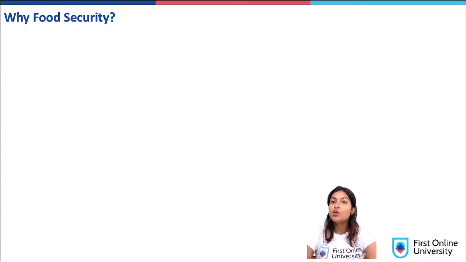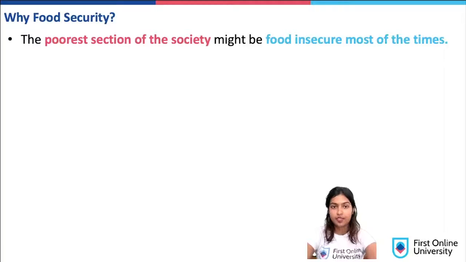Now let us see why we need food security in our country. I've also mentioned earlier that the most food insecure people in our society are the poor, because they don't have the access, affordability, and availability dimensions for them to get the food.